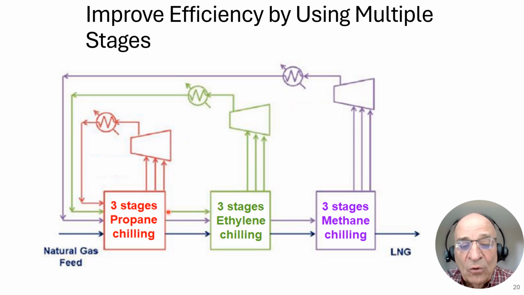It comes out here as cold ethylene, goes through three stages of pressure letdown: highest pressure, mid pressure, and low pressure. And each one of these pressures is associated with a different temperature. This would be the highest of the ethylene temperatures, the mid-range temperature, and the lowest of the ethylene temperatures, and the lowest of the ethylene pressures.